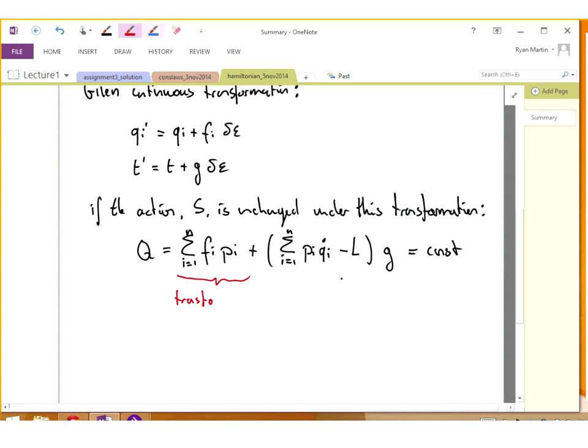And the second term is associated with the transformation of time. It's exactly the same term as what we called the Jacobi integral.